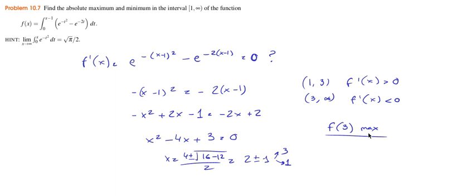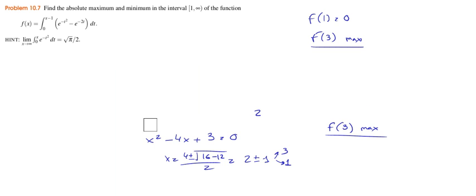But now let's see, f at 1 is 0, f at 3 is a maximum value, wherever it is. What happens at infinity? This is going to be decreasing. Is there a lower limit to this function when x goes to infinity?